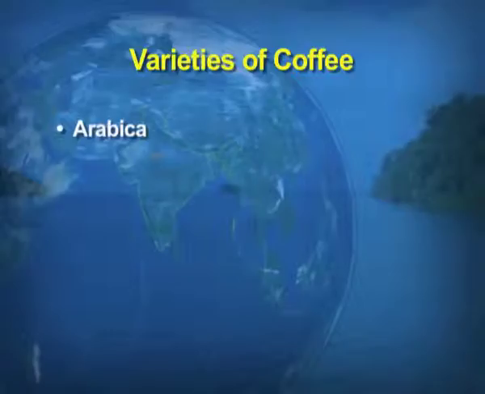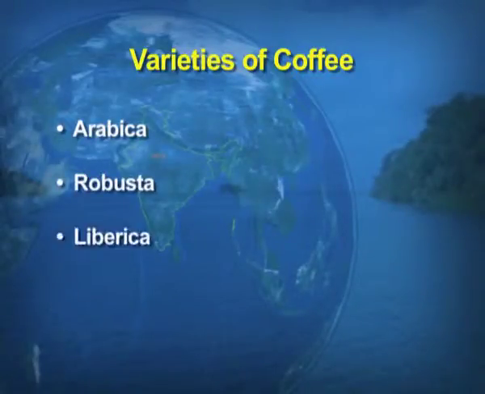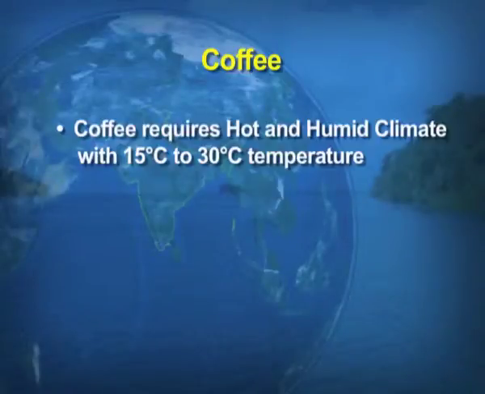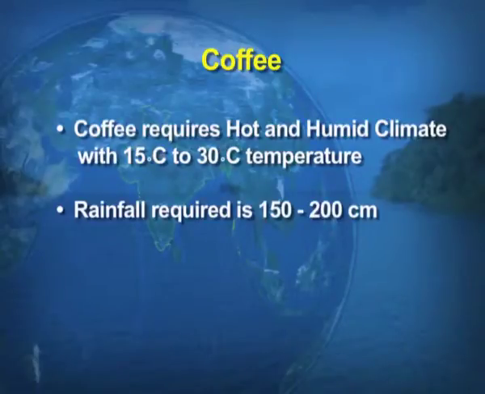It's the second important beverage crop of India after tea, and there are three varieties of coffee: Arabica, Robusta and Liberica. And the most important coffee which is grown in India is the variety known as Arabica. Coffee requires 15 to 30 degrees Celsius of temperature with 150 to 200 centimeters of rainfall.